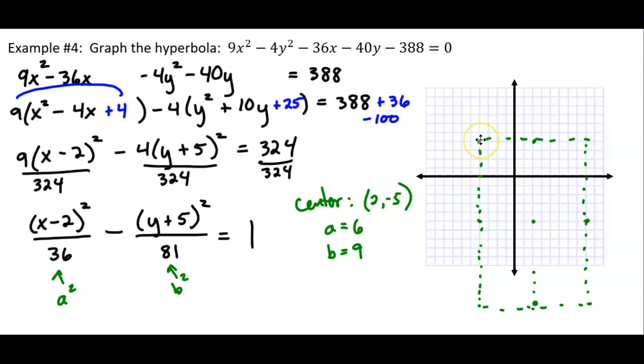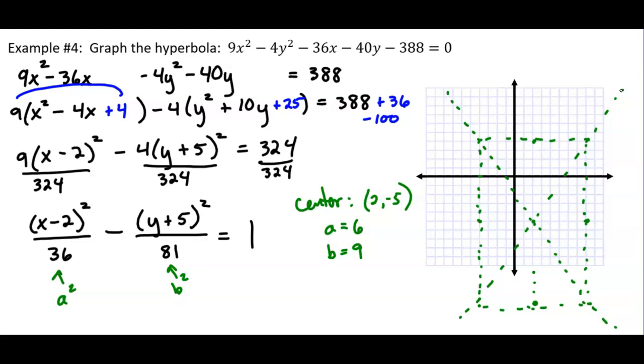The asymptotes are going to go through the corners and the center. There are equations for these asymptotes as well. You could think about the slope and you could get those fairly easily, or there's formulas in the book. I'm not spending as much time on the hyperbola though.